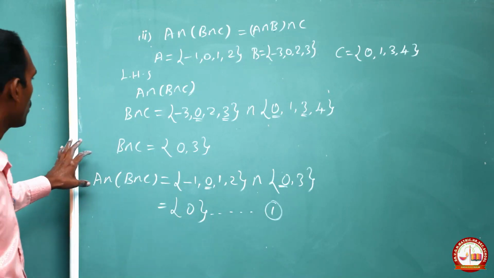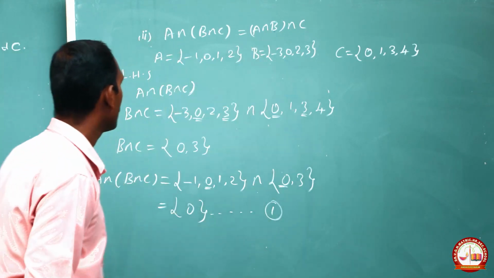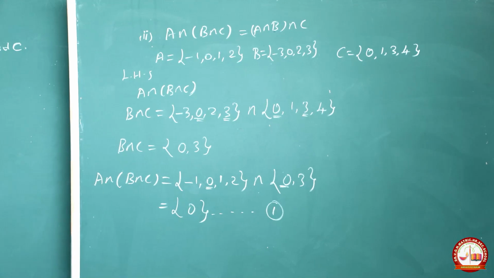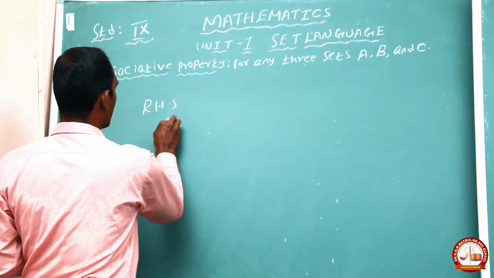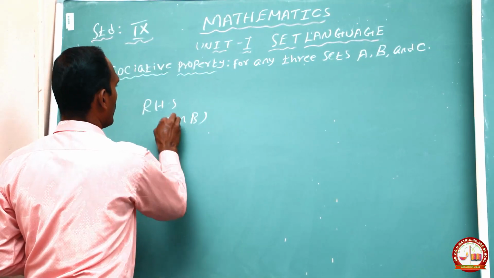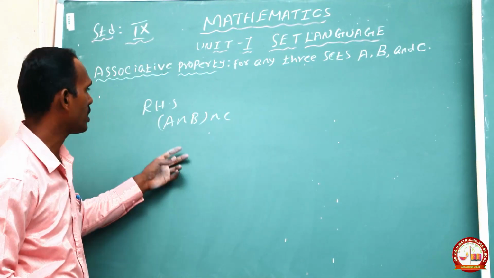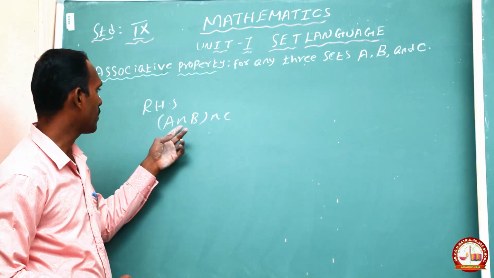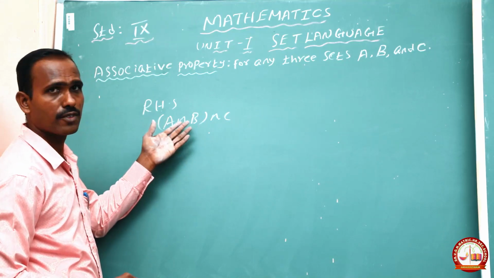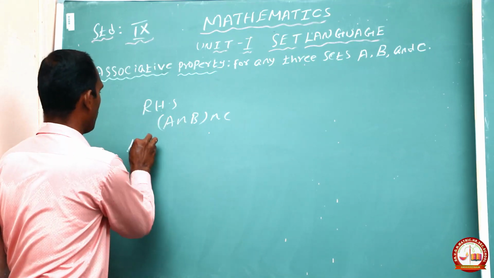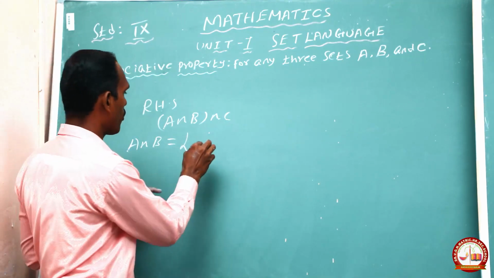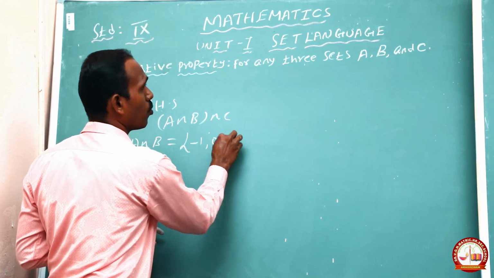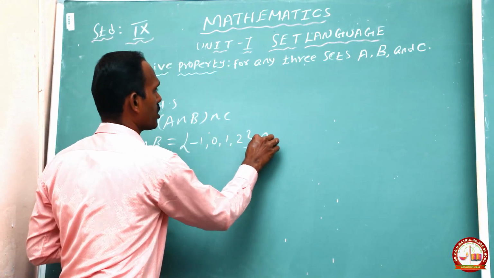Okay. Next we go to the RHS side. So RHS equal to A intersection B intersection C. So already you know in maths, first we take the bracket first. So we take A intersection B first. So A intersection B equal to, we write the A set of elements: -1, 0, 1 then 2, then the intersection symbol.